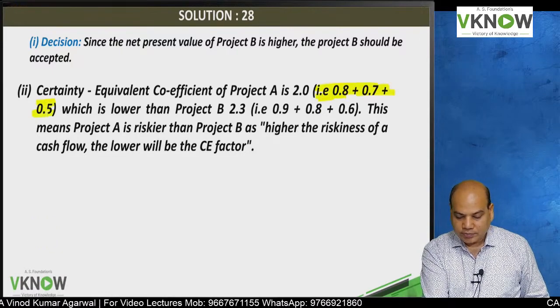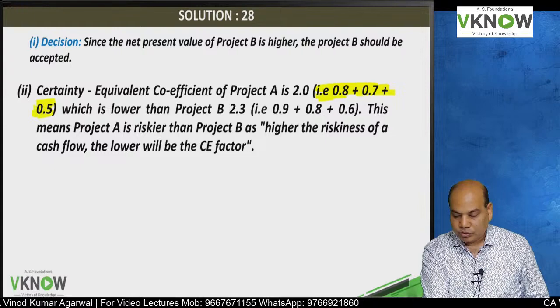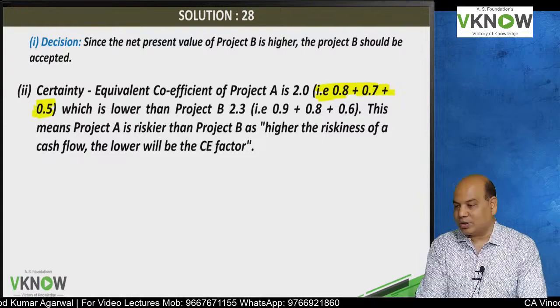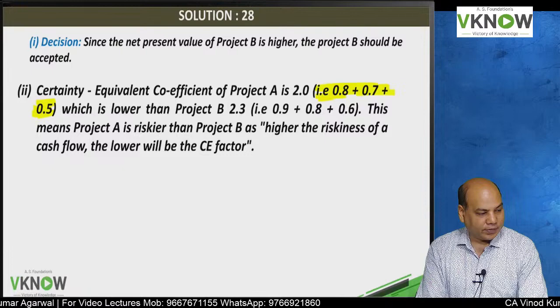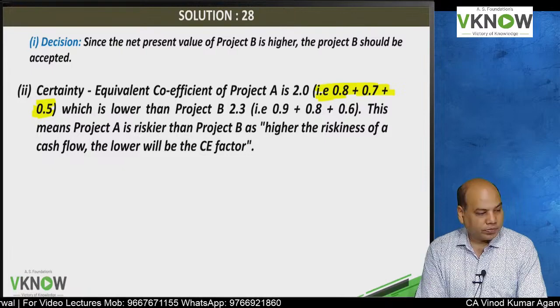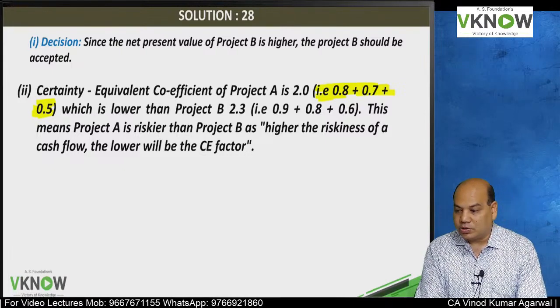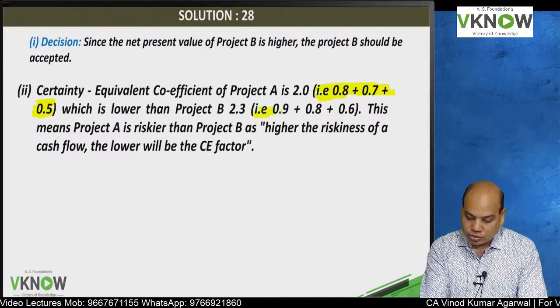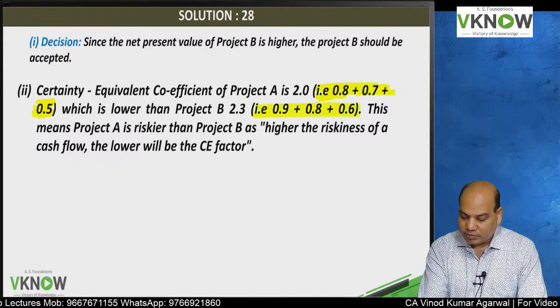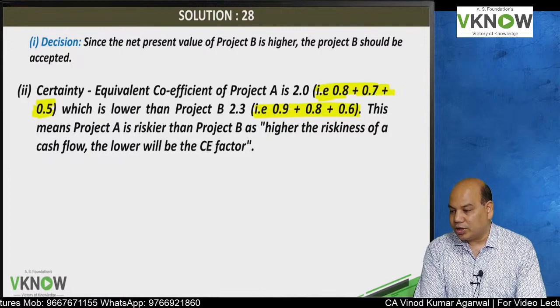Write in the bracket, that is 0.8 plus 0.7 plus 0.5, which is lower than project B's 2.3. How has this 2.3 come? Write in bracket, that is 0.9 plus 0.8 plus 0.6.